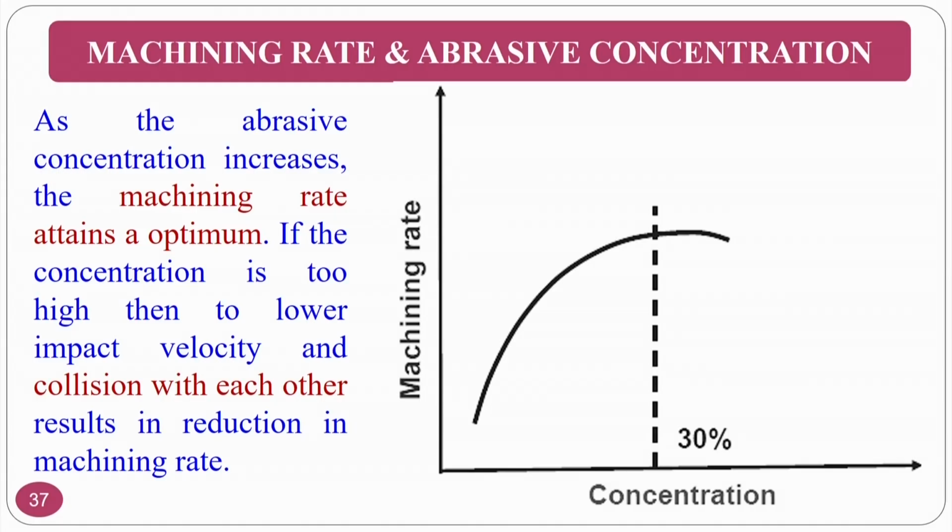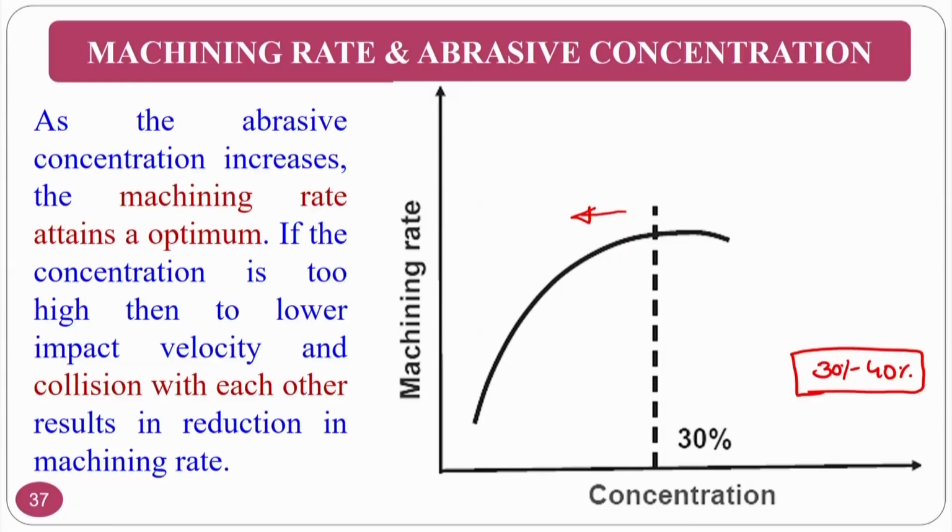If you see the concentration, as I said, normally 30 to 40 is the optimum in the abrasive slurry. What will happen if you increase the concentration? The number of abrasive particles per unit time in the machining region will increase, beyond which, if you keep increasing, what will happen? The area that you have in the tool is constant, but if you have a large number of particles, the particles will also collide with each other.